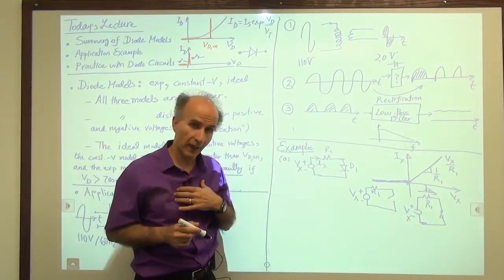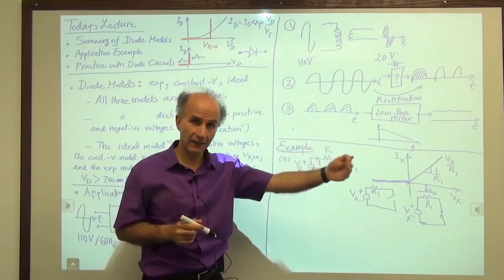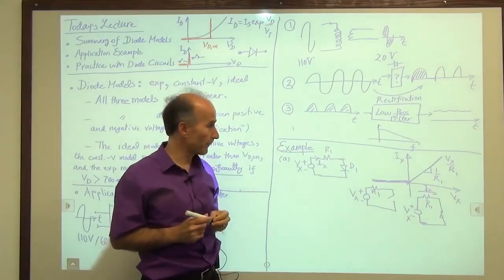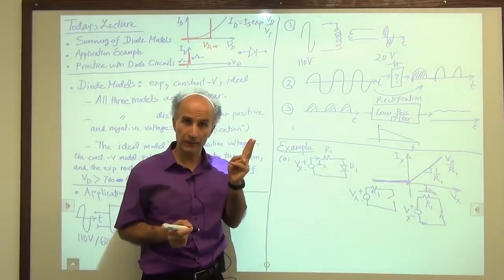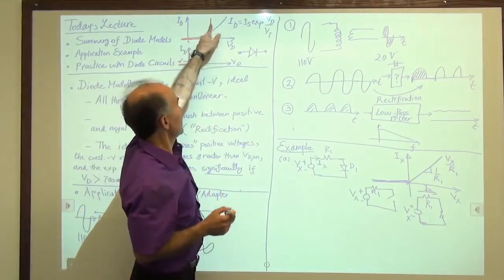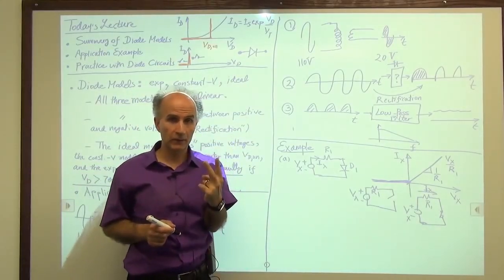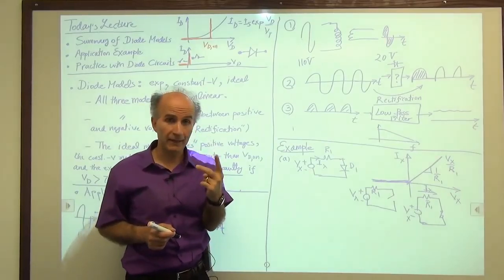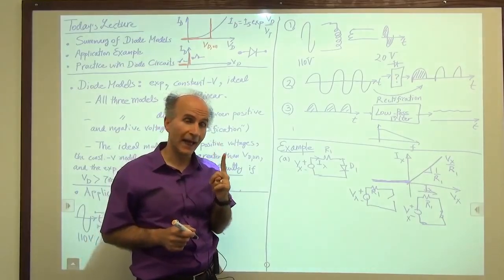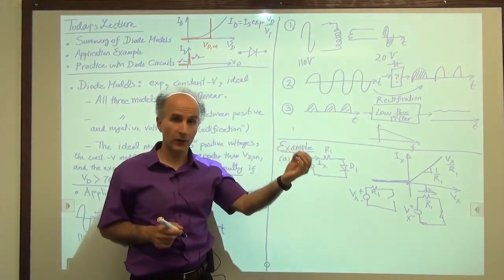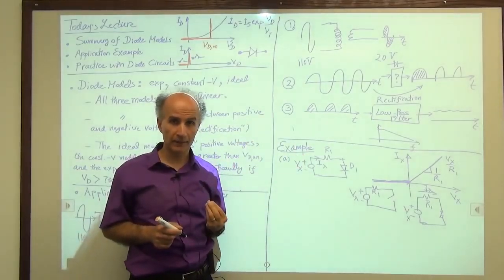So what approach should I take to make sure that whatever I do eventually is correct and consistent? Well, fortunately, a diode has only two possibilities, on or off, whether it's ideal or whether it's constant voltage, right? So we have only two possibilities for a given diode. We will try to make an educated guess, but even if our guess is wrong, we have to see at the end whether the results that we obtain are agreeable to the original assumption that we made.